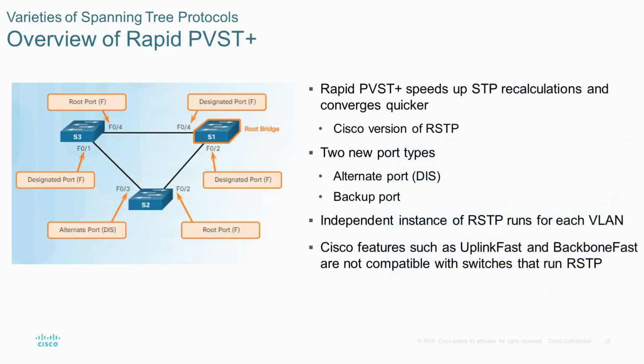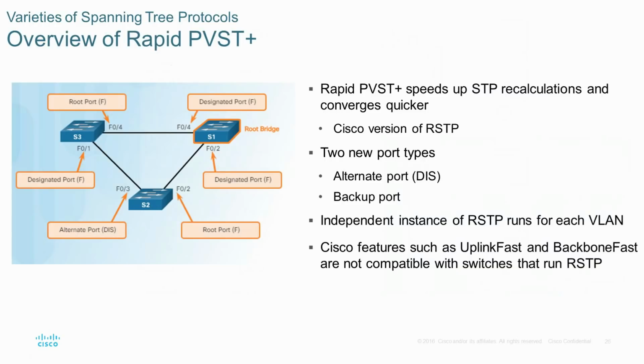So, an overview of rapid PVST. The STP recalculation and convergence is quicker in rapid PVST. If you see the name, rapid means quicker. As compared to PVST, rapid PVST convergence time is lower.